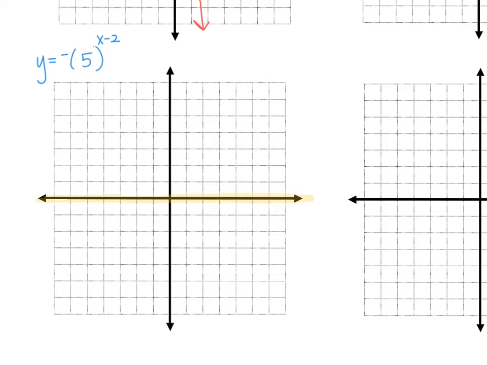When you get good at these, you can just draw the reflection right at the same time. You say, oh, I know this is going to reflect, so we can automatically draw our reflection. So the reflection will curve through 1, and then also through 5.